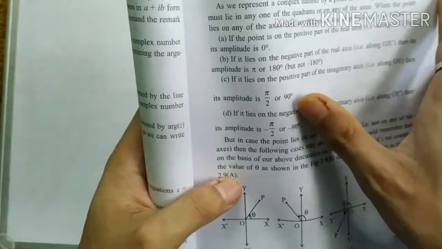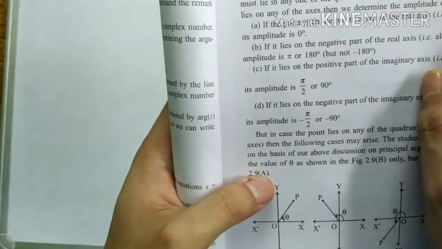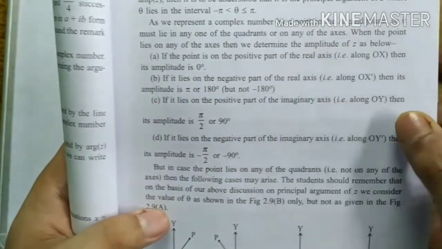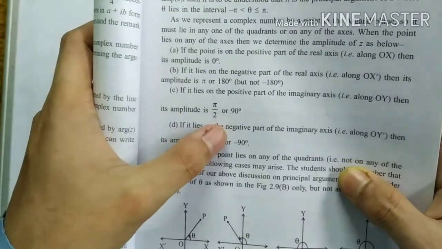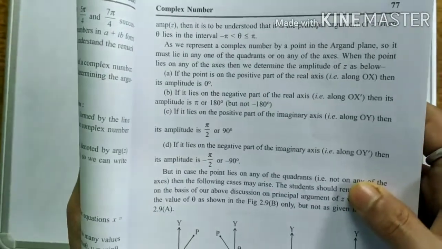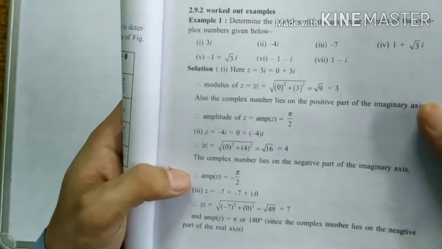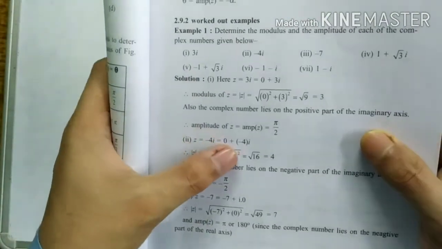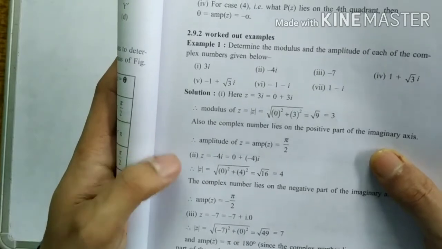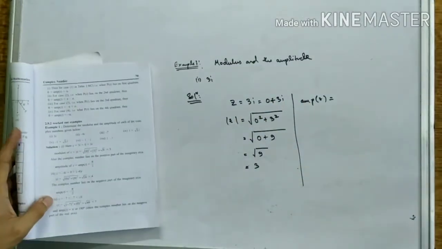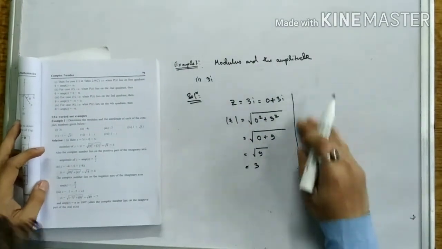Understand? The point lies on the imaginary axis, then our amplitude will be pi by 2. If the point lies on the positive part of the imaginary axis, then its amplitude is pi by 2 or 90. So as this point lies on the positive part of the imaginary axis, our amplitude will be pi by 2.